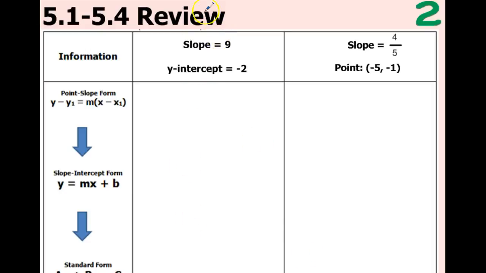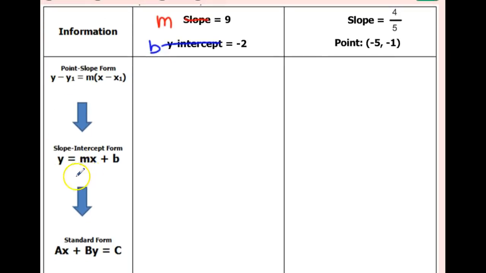It says our slope, which is m, is 9, and our y-intercept, which is b, is -2. So we could start with this form if we wanted to. However, they're asking us to work through all three forms.